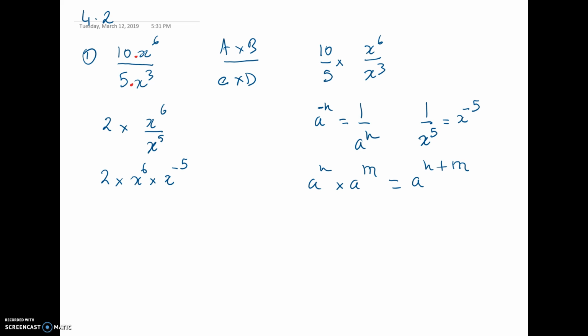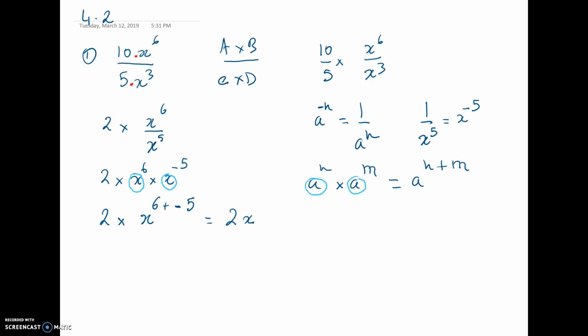So the same base x, exactly the same base x, which is exactly what I have right here. So I can definitely now express that as 2 times x to the 6 plus negative 5, and I end up with 2 times x to the 1.